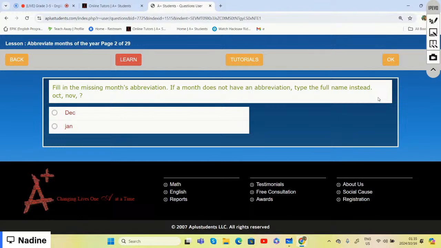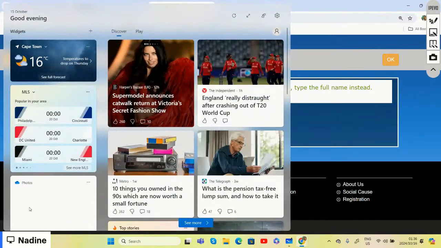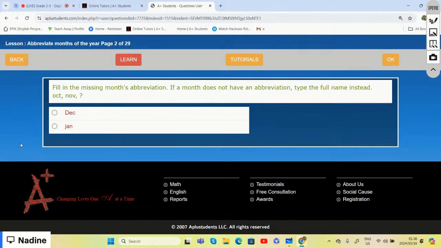The next one says we need to fill in the missing month's abbreviation. We say October, November.